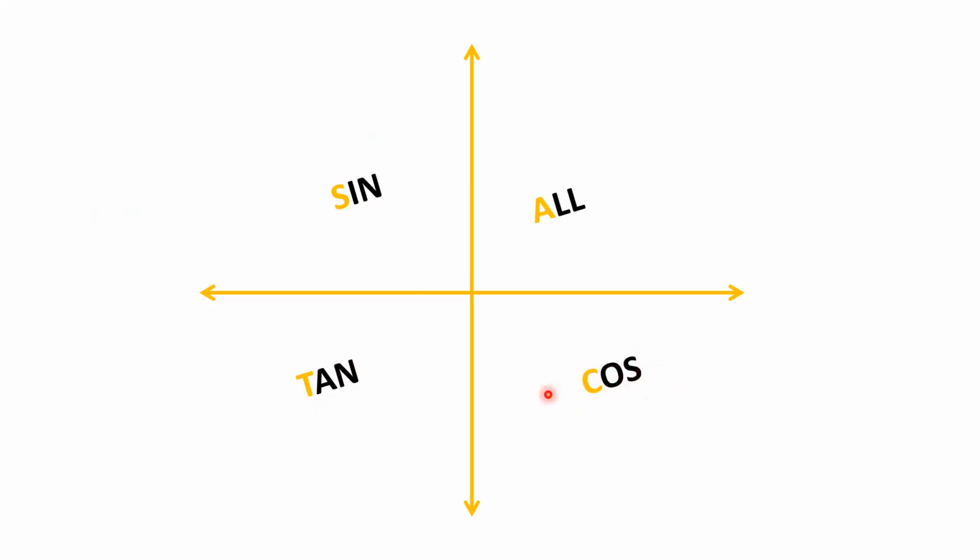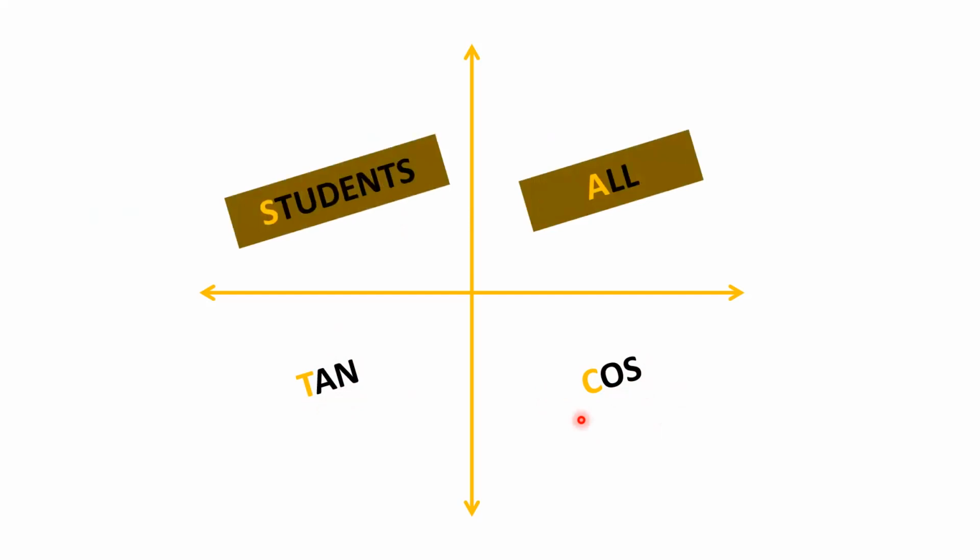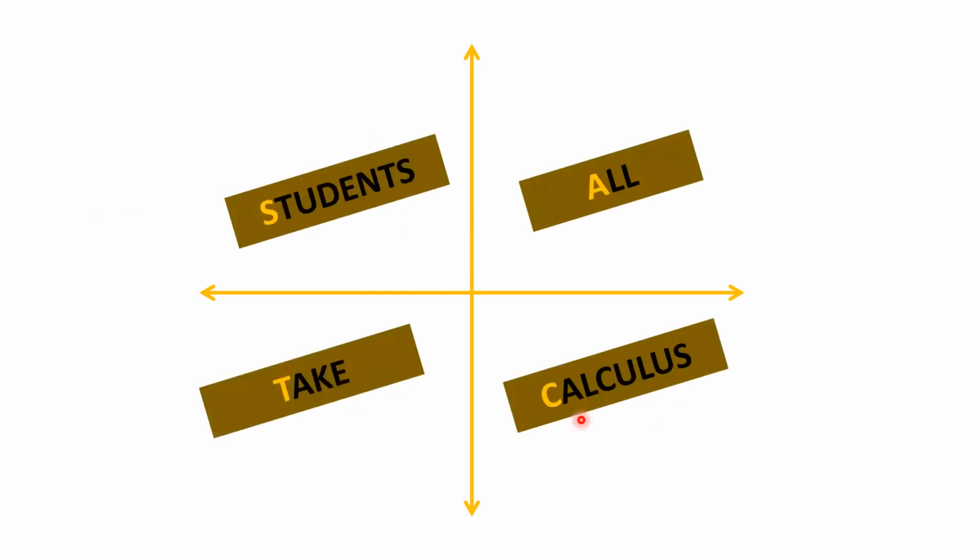Okay, so para matandaan natin tong ASTC, we have: all students take calculus. ASTC, taking note that we are just to consider the three basic trigonometric functions. So yung kapartner nila for each quadrant, yung reciprocal lang nila. Okay?